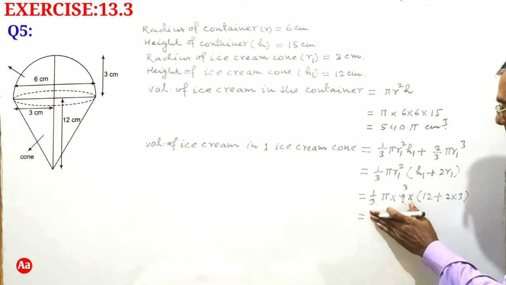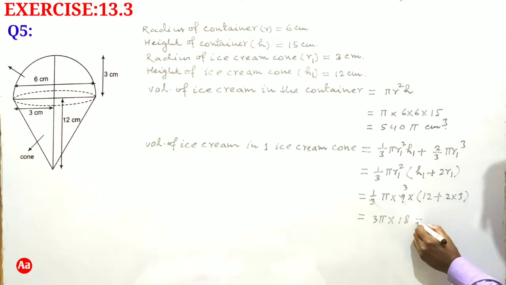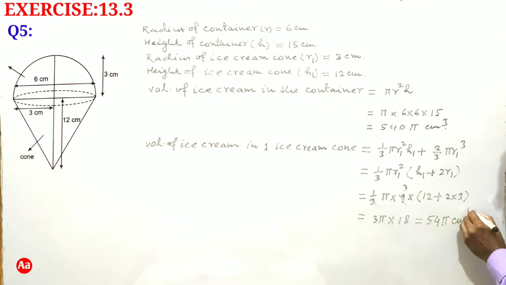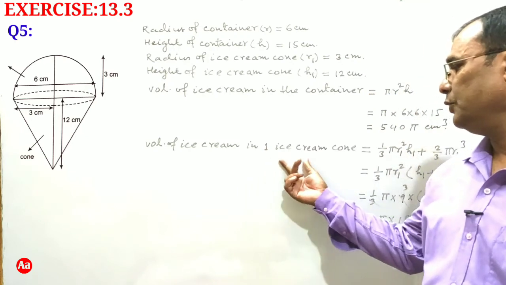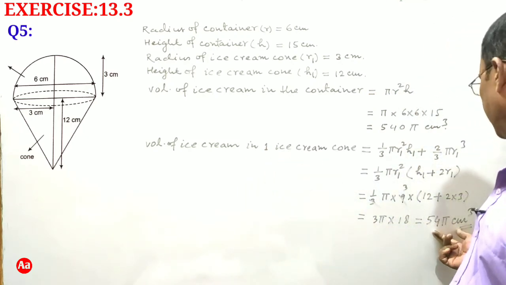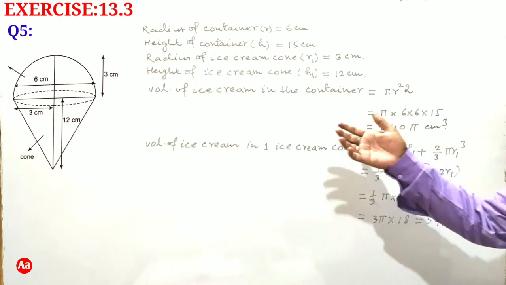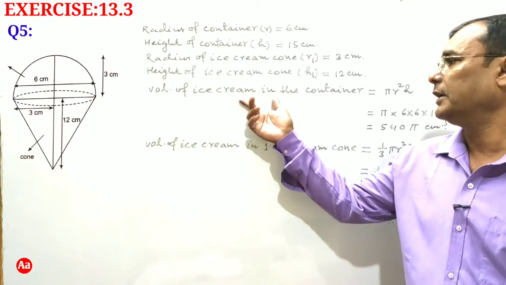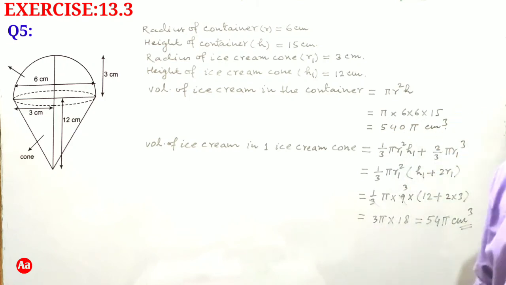So 3 pi into 18, and this is equal to 54 pi centimeter cube. So volume of ice cream in one ice cream cone we have got 54 pi centimeter cube, and total volume of ice cream kept in the container is 540 pi centimeter cube.